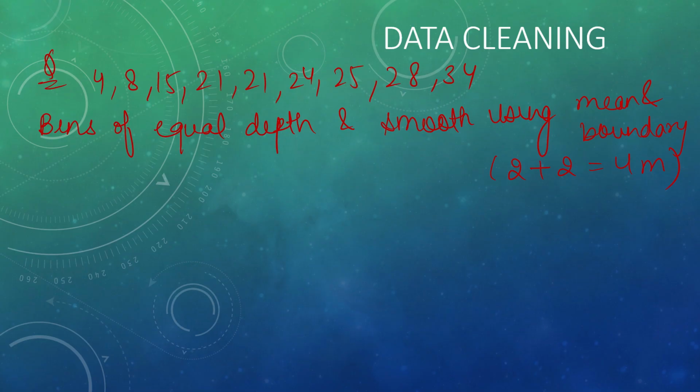So now first of all, what is depth part? Depth part means equal frequency. So now let's create the bins. So we can see 1, 2, 3, 4, 5, 6, 7, 8, 9. So if we want equal, we know that groups of 3 need to be made.